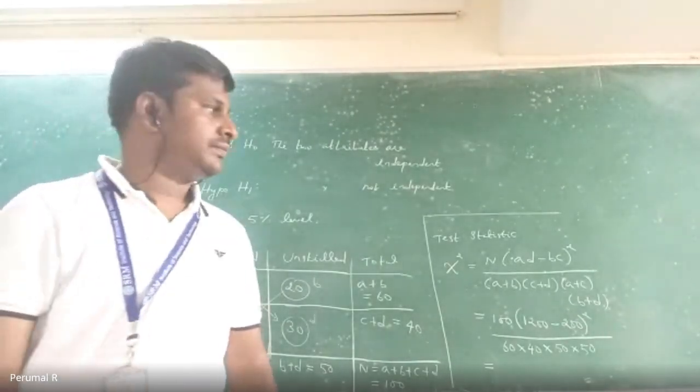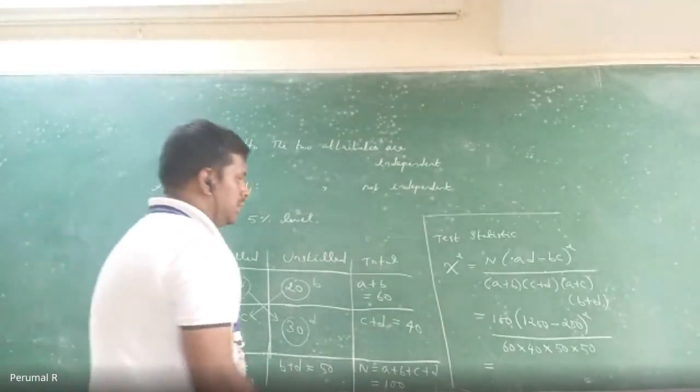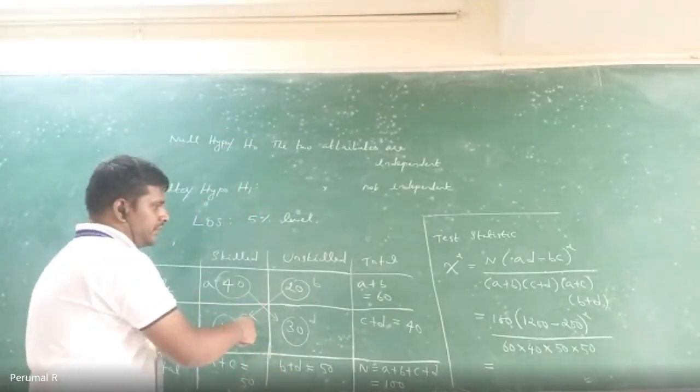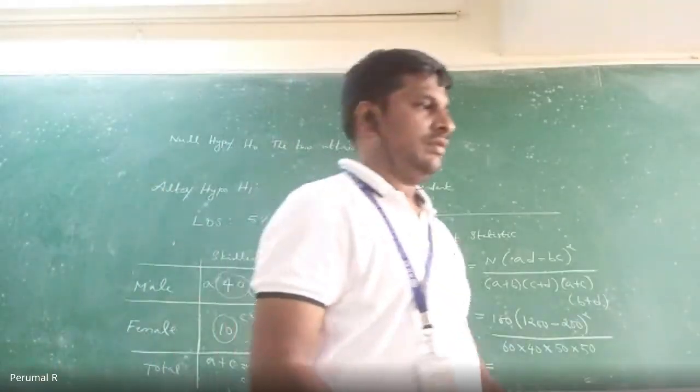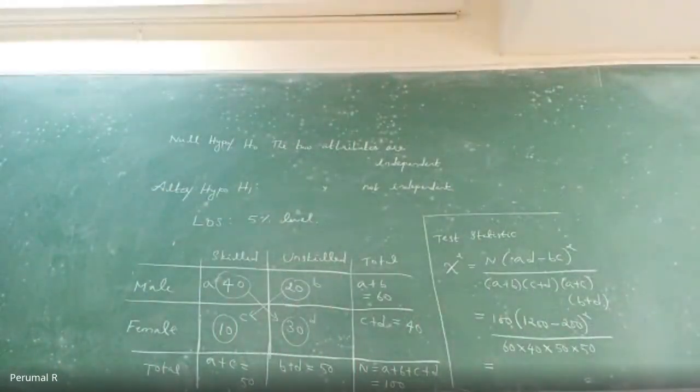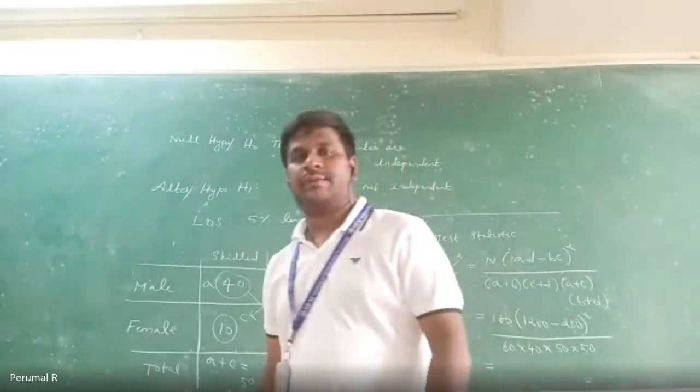What is the answer? So AD minus BC whole square, then you can put everything here. What is the answer?